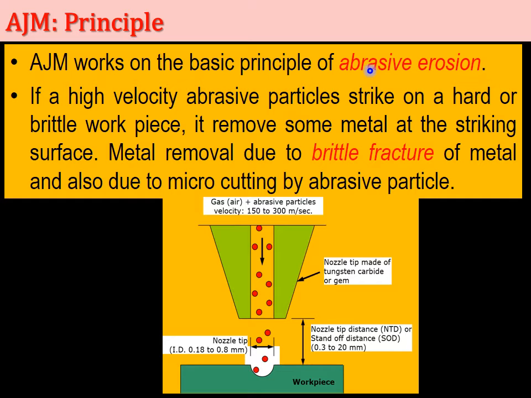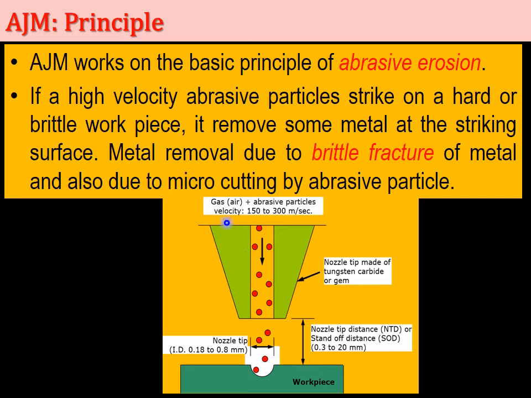If high velocity abrasive particles strike a hard or brittle workpiece, it removes metal at the striking surfaces. The metal is removed due to brittle fracture of the metals, and also due to micro cutting action of the abrasive particles. The figure shows the principle of the abrasive jet machining process.